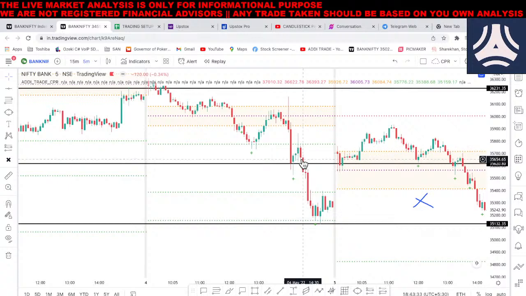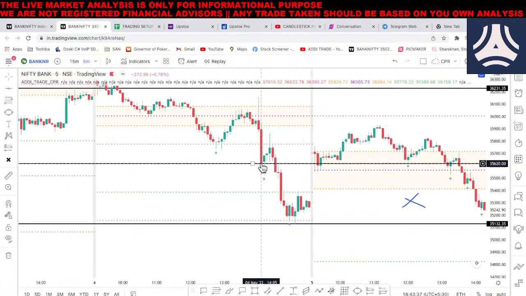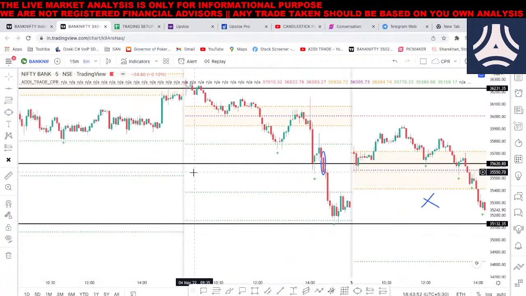Now for the second entry, the best second entry came when the previous day low broke, right? On this candle it didn't break. The second candle also didn't close below the previous day low. But this red candle closed below the previous day low. This black line is the previous day low for May 4th.